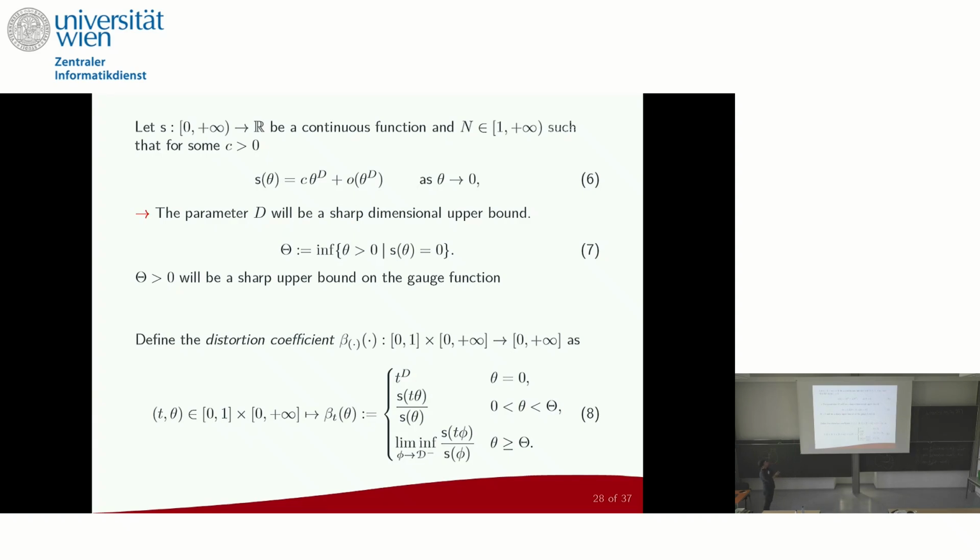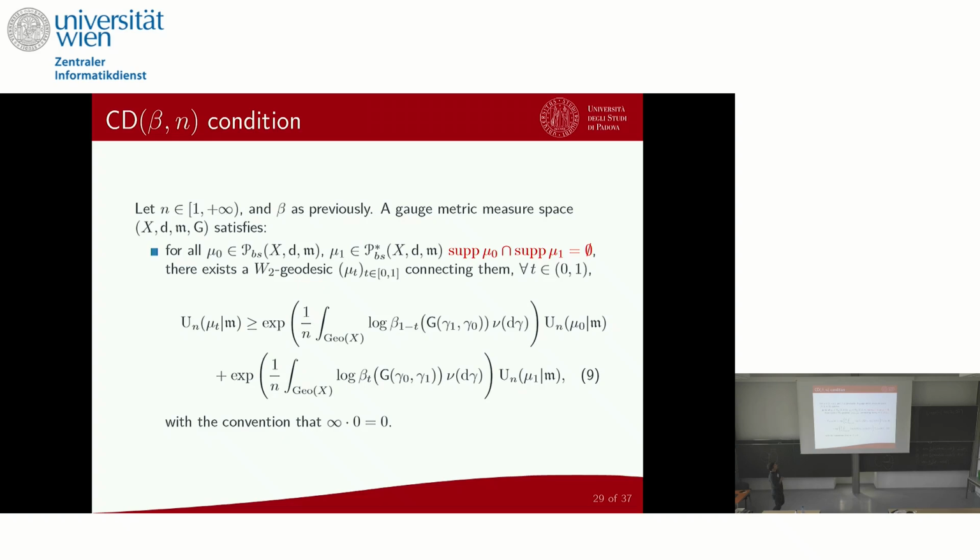And we see it will be a sharp upper bound on the gauge function. It is associated to a Bonnet-Myers theorem. And then you produce your beta. You have several conditions as in the classical case. Good. So you produce the CD beta condition in this way.